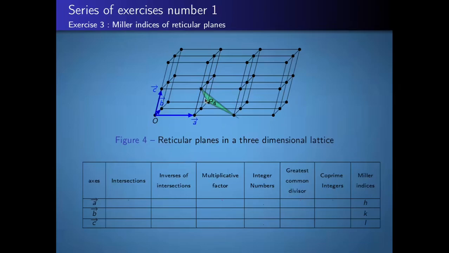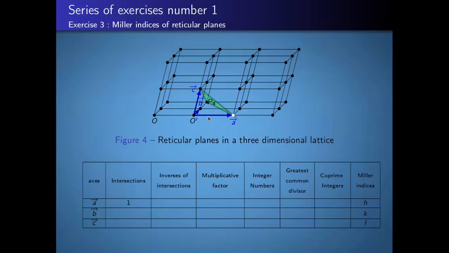We go to the plane P4. Here we have also to do a change in the origin. We place the origin here, and now we show that this plane P4 cuts A here, B here, and C here.